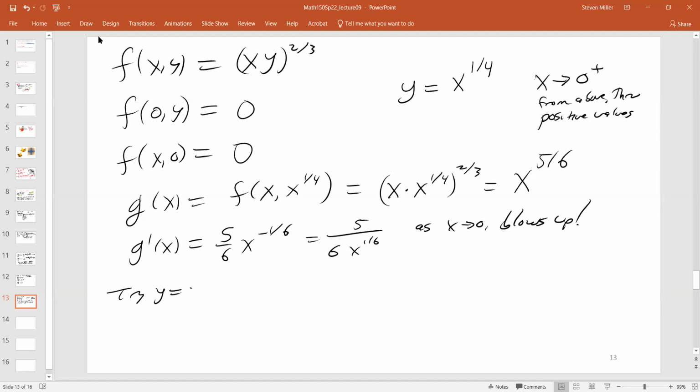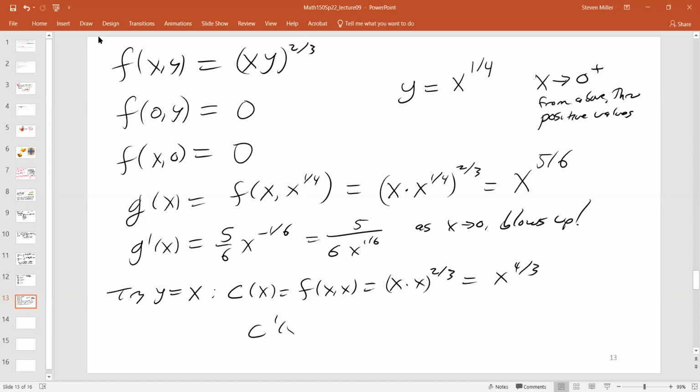Let's try now y equals x, and we'll call c the curve. It's going to be f of x, which is going to be (x times x) to the 2/3. This is x to the 4/3.